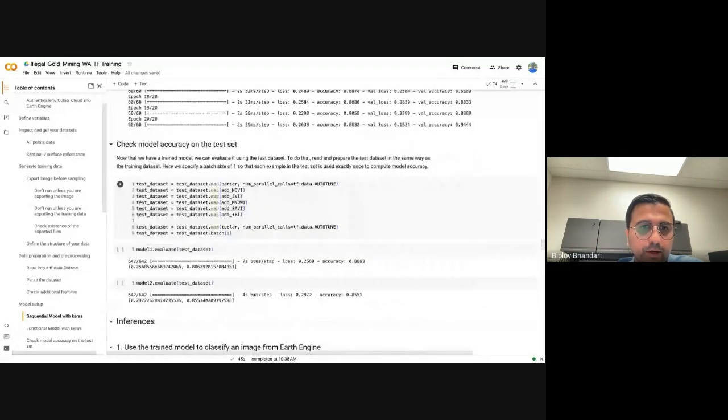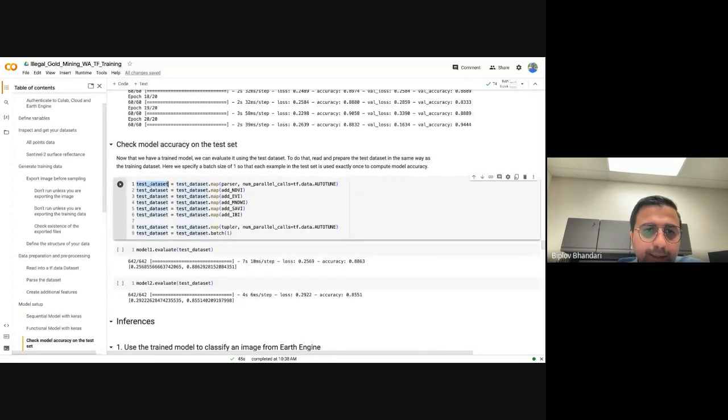Okay, so now our model has run. Next, we have model 1 and model 2. We're going to test the accuracy of those models on a test data set. We hadn't used the test data set for our training, so we'll use that in order to evaluate the model. Again, doing the same thing with our test data set, adding all these extra features to it.